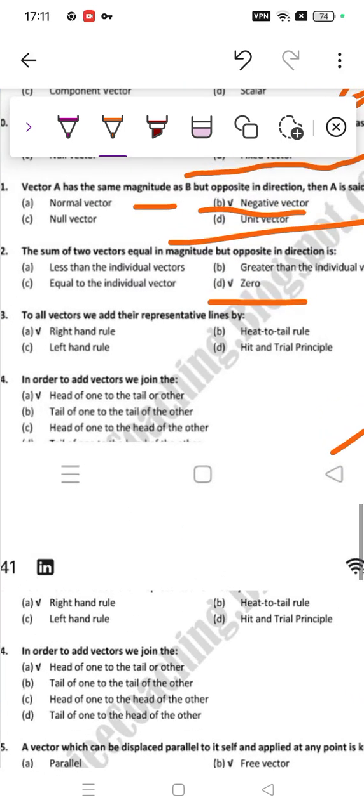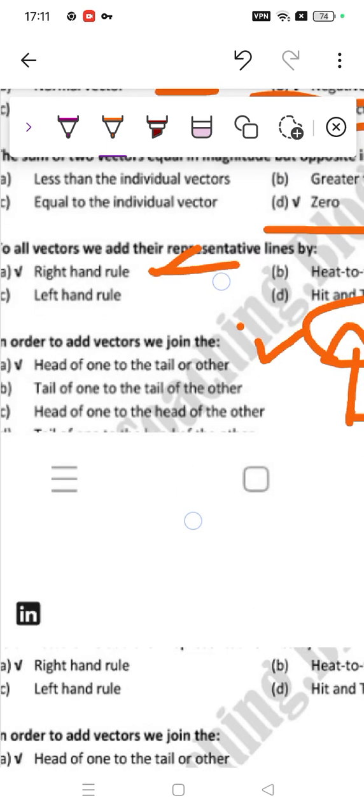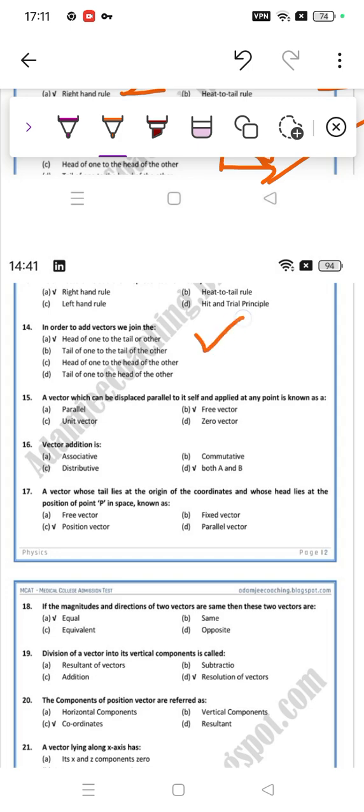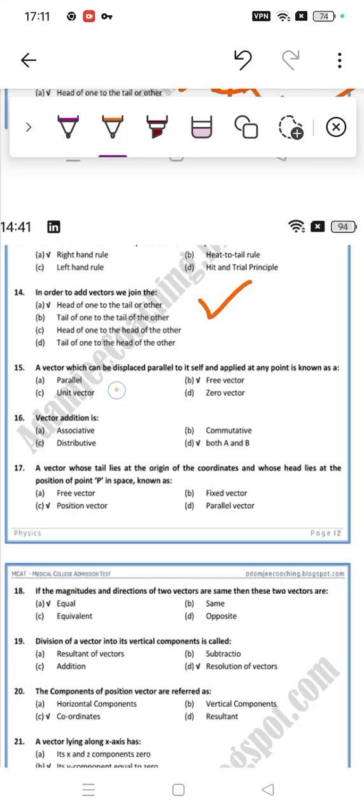And to add vectors, the right hand rule is very important. In order to add vectors we have head to tail, simply the head of one to the tail of the other, so head to tail is the right option. In order to add vectors, we use a vector which can be displaced parallel to itself.